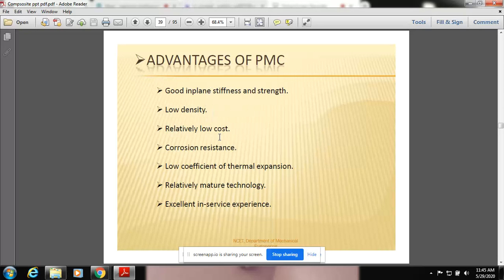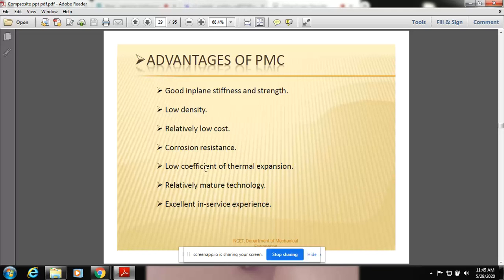Relatively low cost, because epoxy is very low in cost, polymers are low in cost. Corrosion resistance is a major advantage, better corrosion resistance as compared to your normal metals. Low coefficient of thermal expansion. If the thermal expansion coefficient, that is alpha, as you call it in some subjects, is higher, deformation with respect to temperature is going to be high.